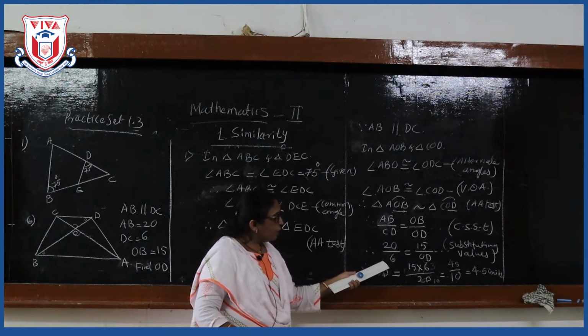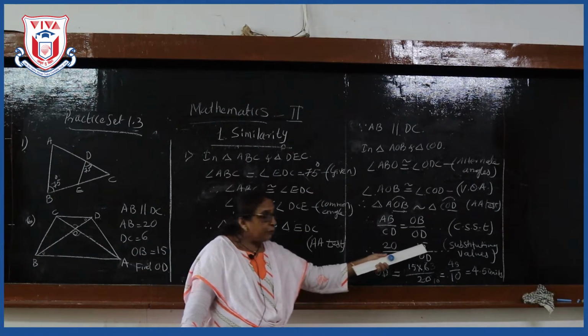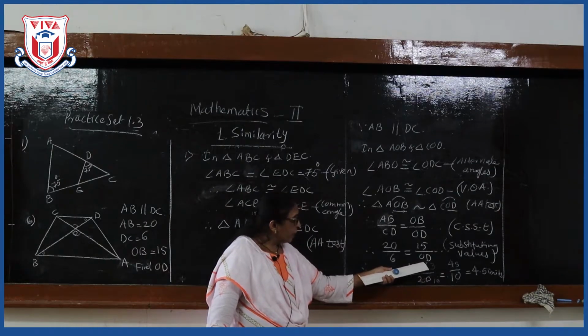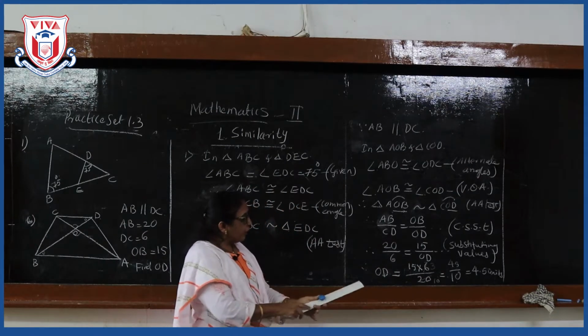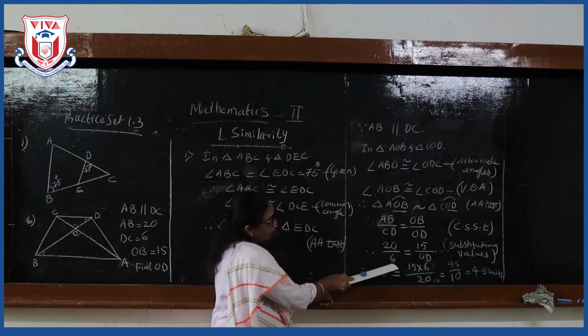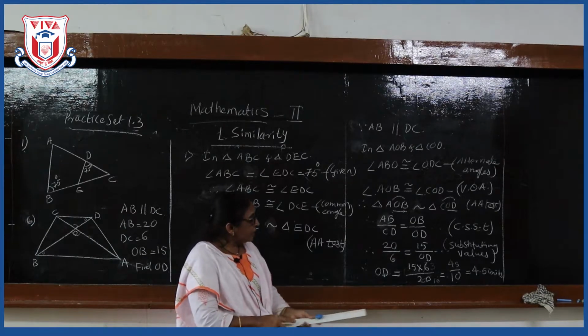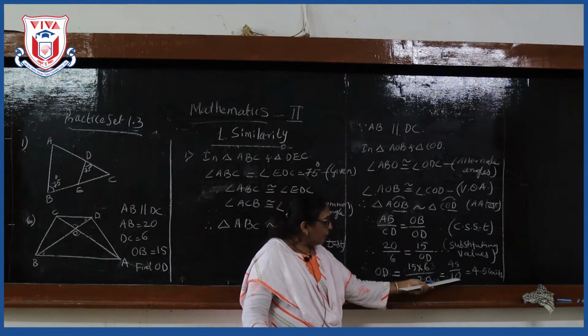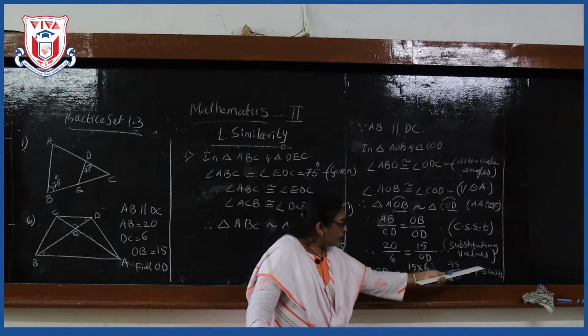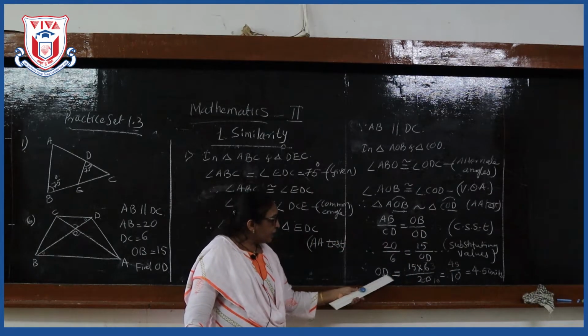Now substitute the values given here. 20 upon 6 is equal to 15 upon OD, and by cross multiplication, if you simplify it, OD is equal to 15 into 6 divided by 20. That is 45 upon 10 after cancellation, means 4.5 units. Did you understand this calculation?